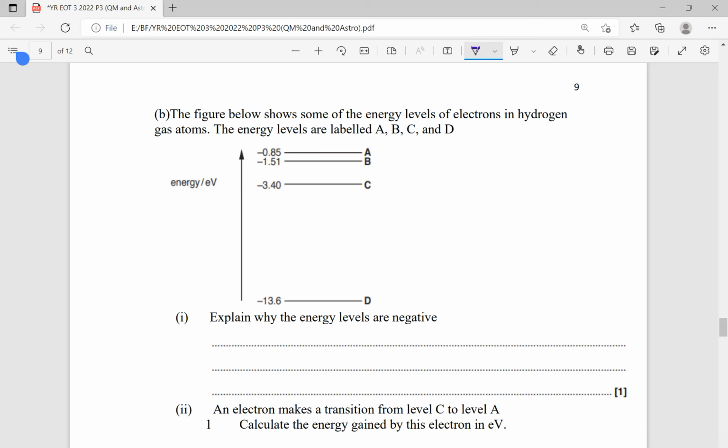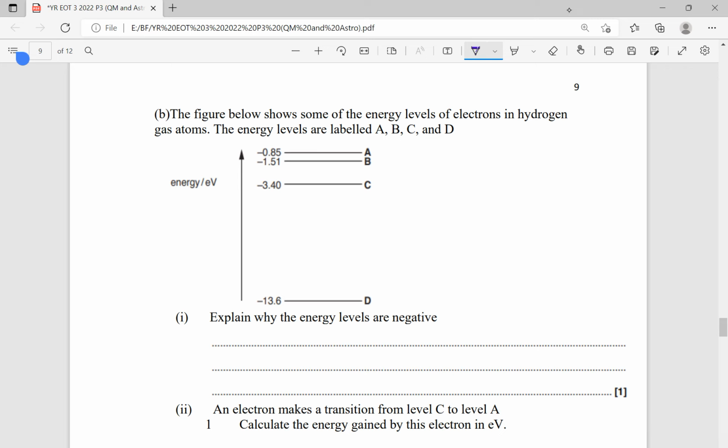And yet the total energy of an electron in the atom is less than that of a free electron. So what does that mean? It means the energy of free electrons is zero, and when the electron moves away from the nucleus, it gains energy. That means if it gains energy tending towards zero, elsewhere it must be negative.